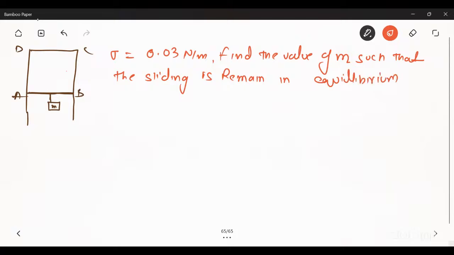Now, if it is dipped in the soap solution, it will move upward, but the weight of the body is acting downward, and due to surface tension it was moving upward. So for equilibrium, the value of both the forces will be equal. The net downward force is equal to the weight of the body, mg.